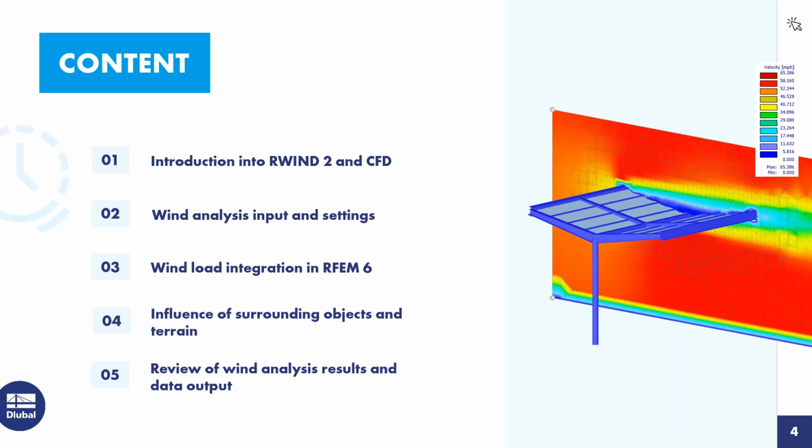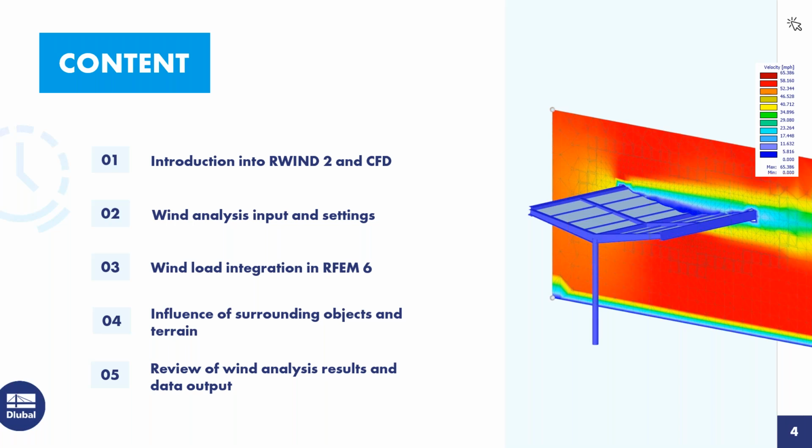So as far as the content over the next hour today, I do want to give a brief introduction to our standalone program RWIND2 and the topic of computational fluid dynamics, or CFD. We'll then move into our example where we'll begin in RFEM 6, where we can input the wind analysis input and settings in order to run the wind analysis within RWIND.